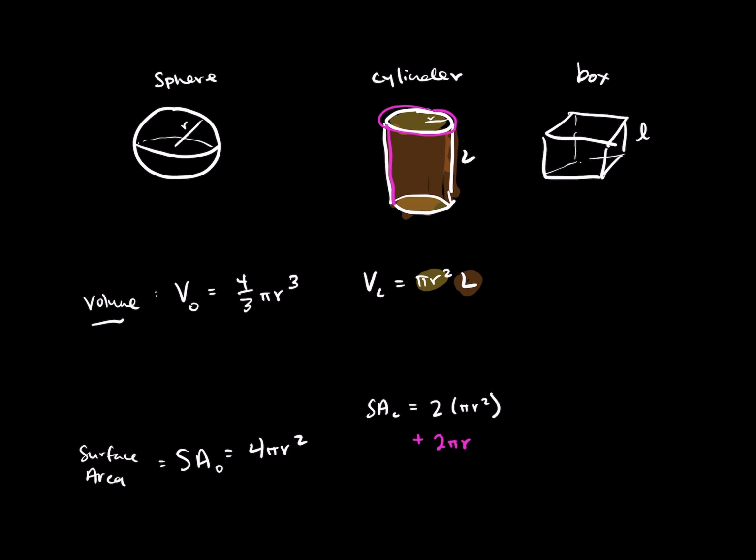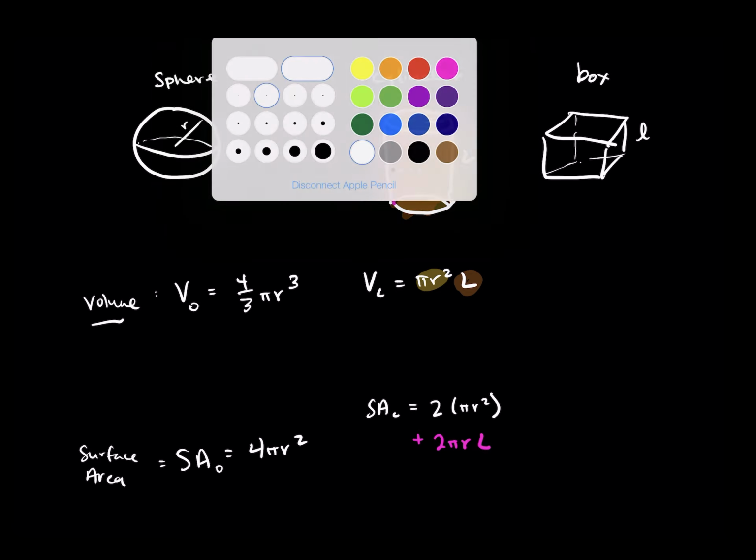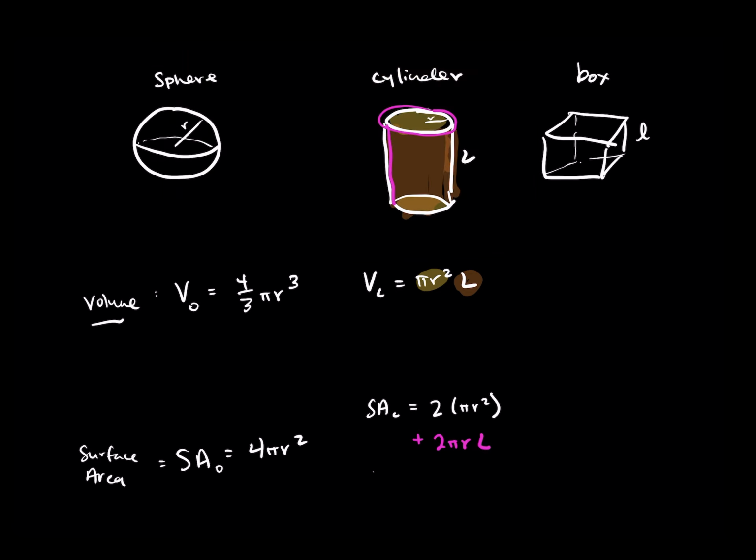That's the length of a circle, times L. So when you write this all out, the surface area of your cylinder is going to be 2 pi r squared plus 2 pi r L. And we're going to use parts of this depending on what the problem is, okay? But it's important to sort of know that.